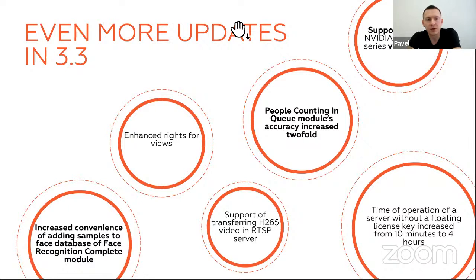Though with Ultra, it is already included. You don't have to request a license for analytics from the camera, and you don't have to pay for it or buy it. All you need to do is buy the Ultra license.